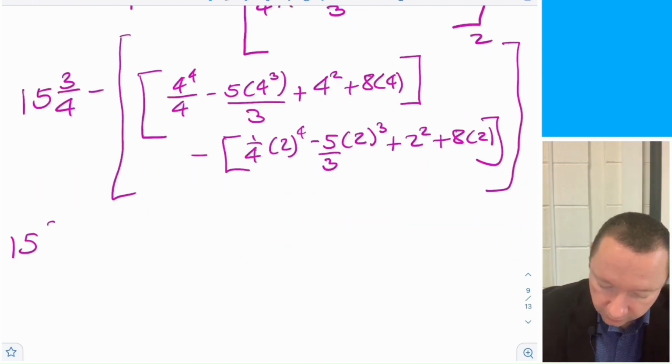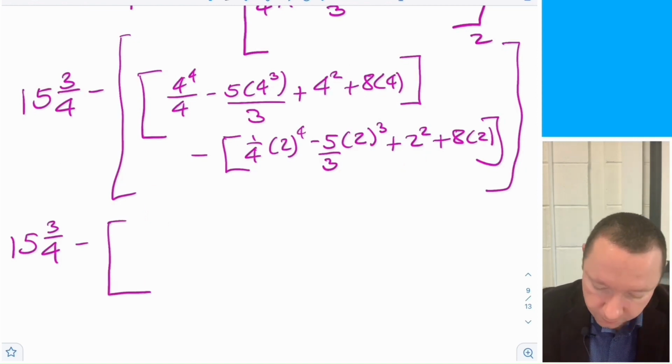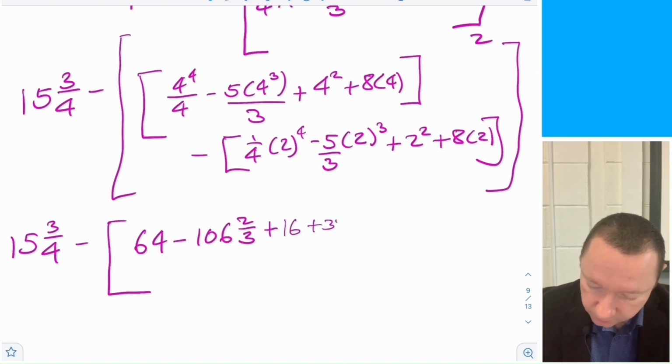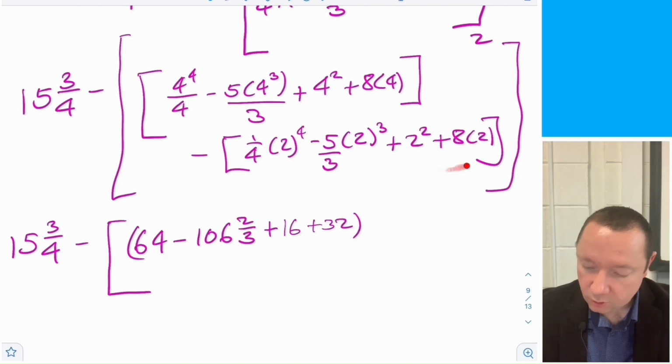15 3/4 minus, the first bracket, it's 64 minus 106 2/3 plus 16 plus 32. That's this bracket here. In this bracket we already know the answer to because we did it in part A, so we might as well just write down the answer.